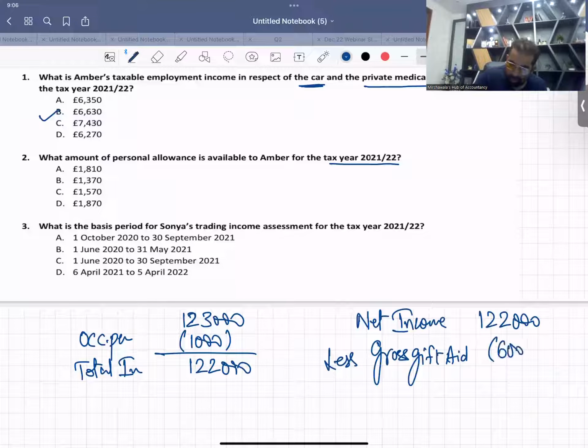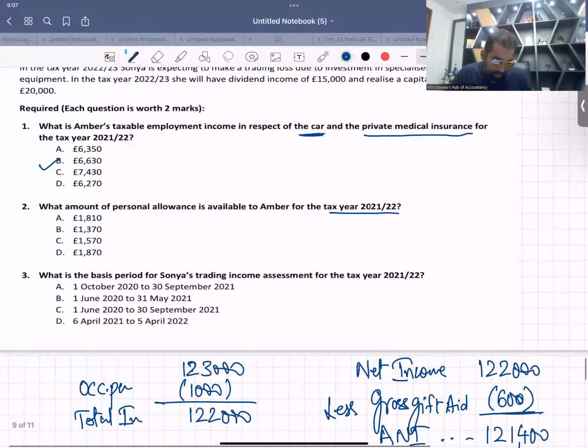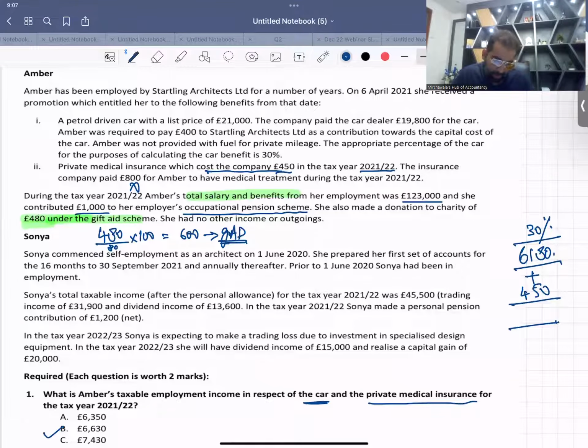Remember, we calculated 600 because it was 480. So 122,000 minus 600 is 121,400. This is your ANI, and it is greater than 100,000.